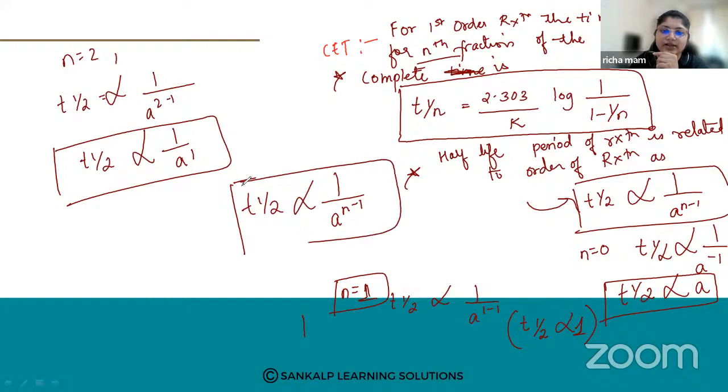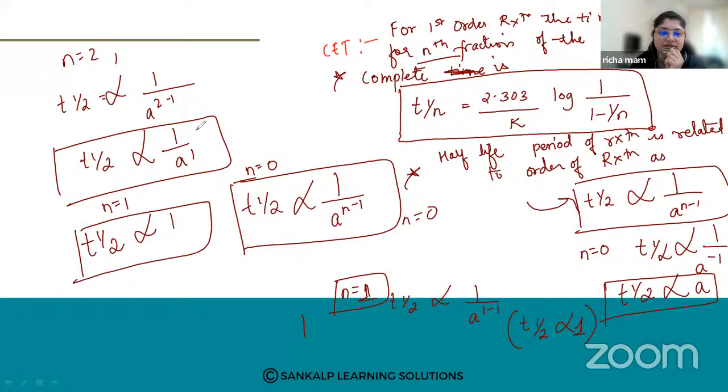By substituting n equals 0, the half-life is directly proportional to the initial concentration of the reactant. If we substitute n equals 1, the half-life is independent of the initial concentration. And when n equals 2, it is inversely proportional to its initial concentration. So these are the important things.